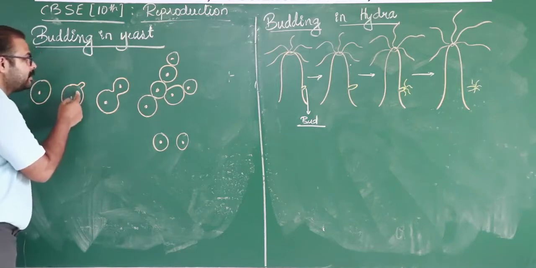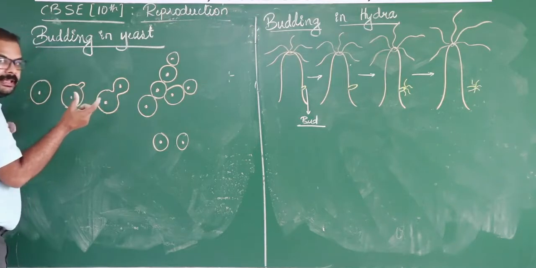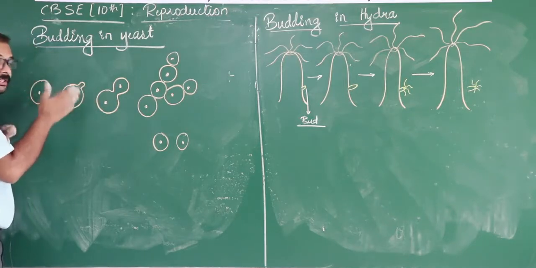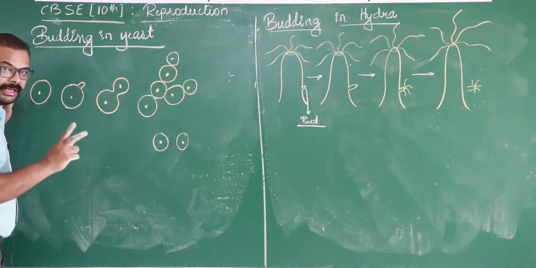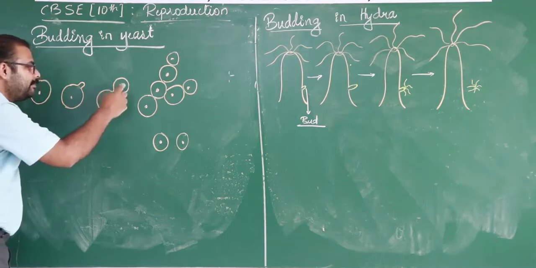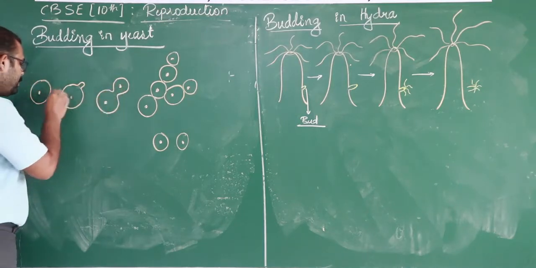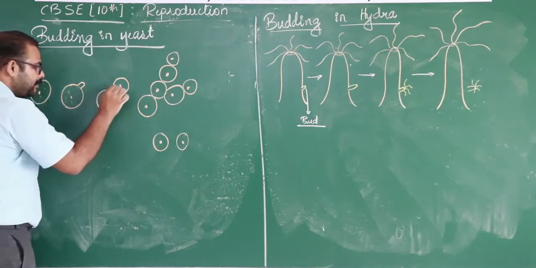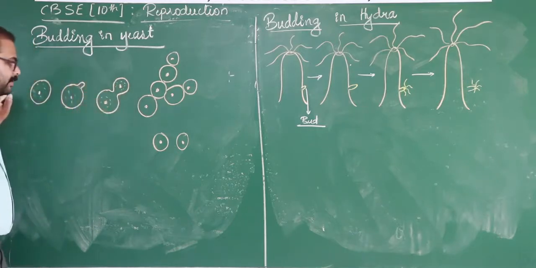and later this bud develops and increases its size. At the same time the nucleus undergoes division and produces two nuclei. One of the nuclei is sent to the newly formed bud, followed by deposition of cytoplasm around each nucleus.